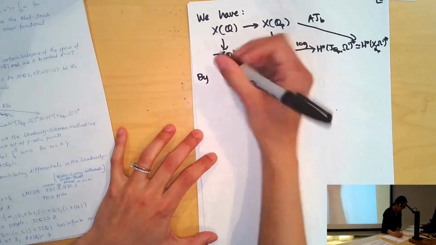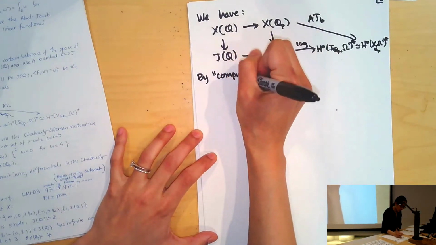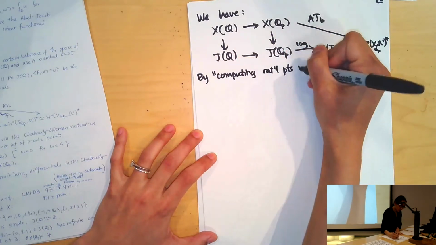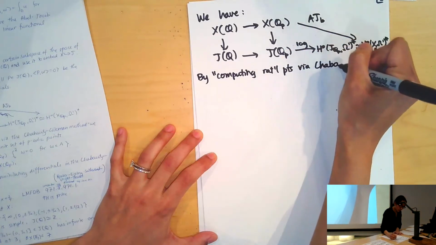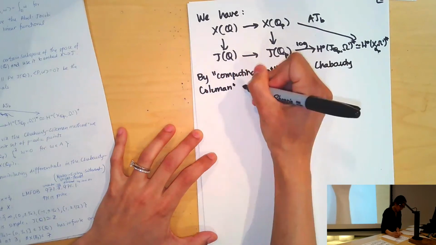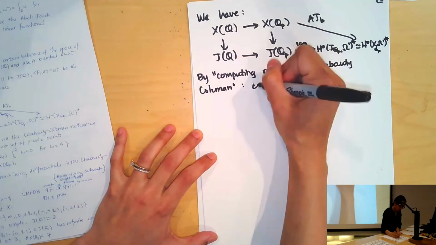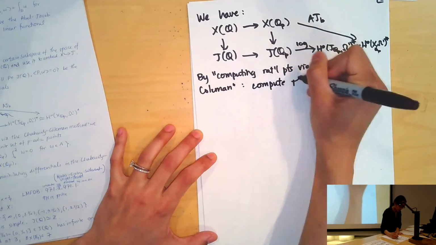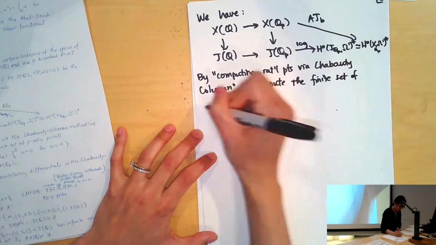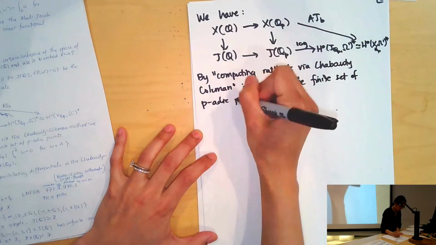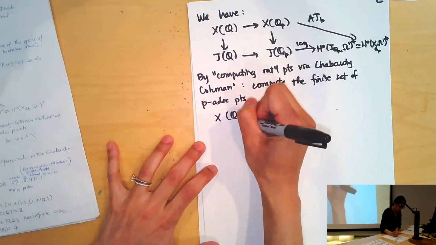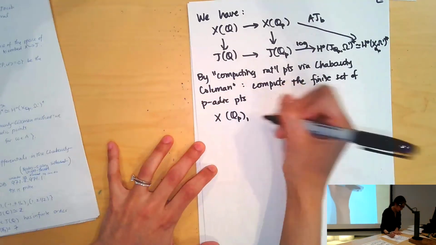So what I mean by computing rational points via Chabauty-Coleman is the following. We mean compute the finite set of p-adic points. So I'm going to name this, since this and subsequent generalizations will play a major role in what we want to study.